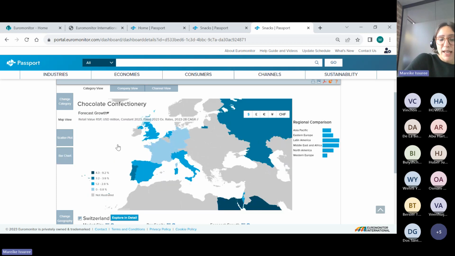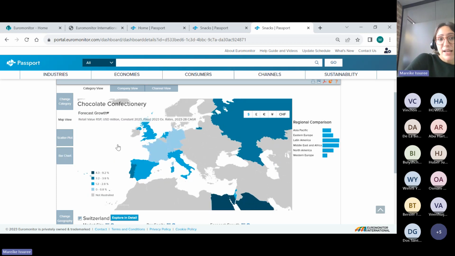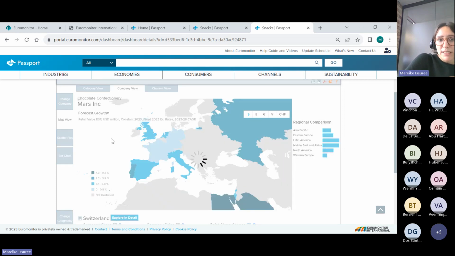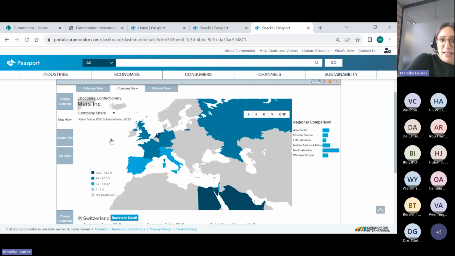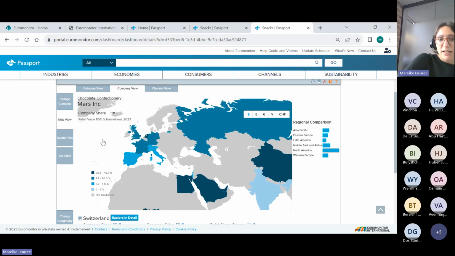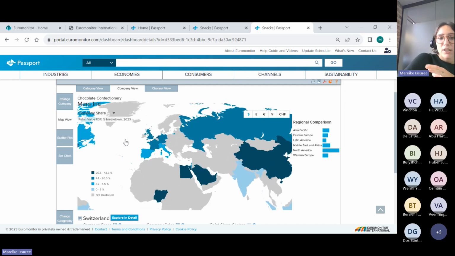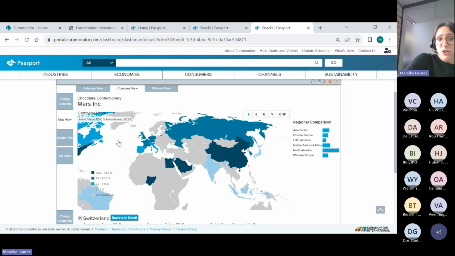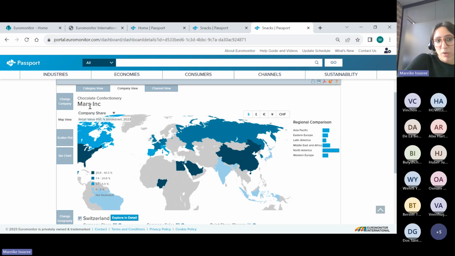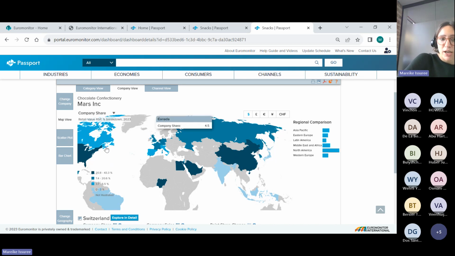Another way to look at the data in a dashboard is you can take a company view. So what this does now is it looks at all the globally operating companies within this specific sector, in our case, chocolate. So we see the initial suggestion is Mars, and we can see in which countries they are present, and the darker the blue means the larger their market share.